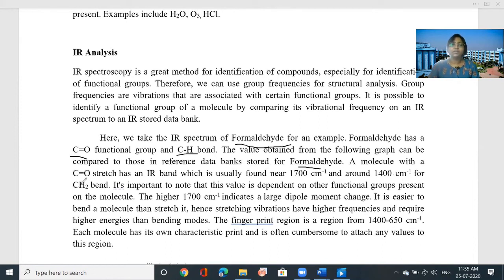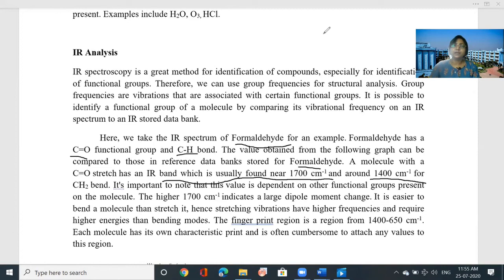A molecule with a CO group has an IR band usually found around 1700 per centimeter, that means centimeter inverse, and around 1400 centimeter inverse for CH2 bend. So this information we have.